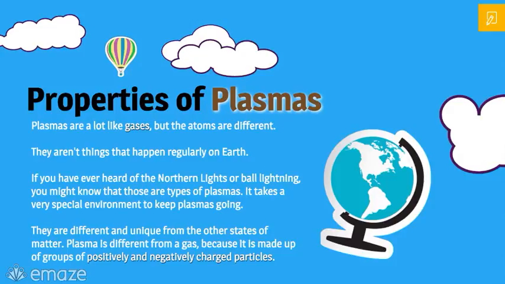The Northern Lights are basically just bright dancing lights that occur when particles from the sun's atmosphere collide with the Earth's atmosphere. So it's just gas particles colliding together, and that light that we see is formed from the plasma that is created, and they're really, really cool.